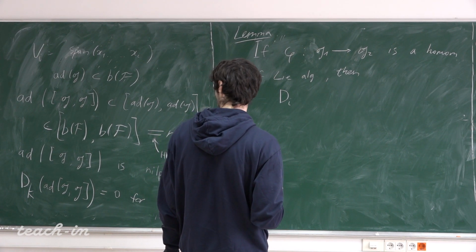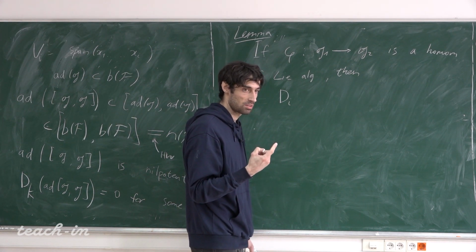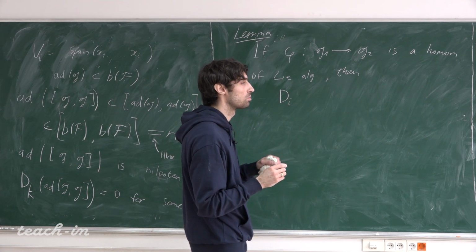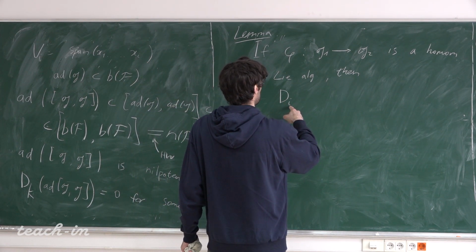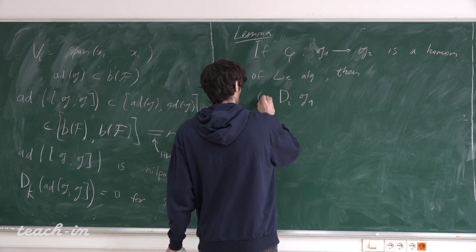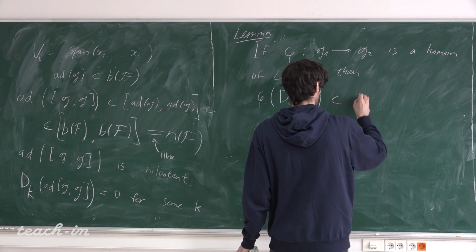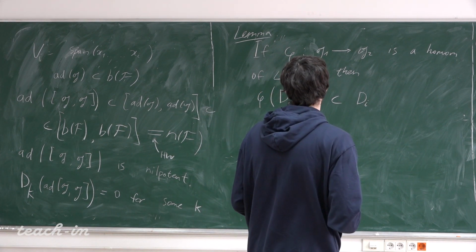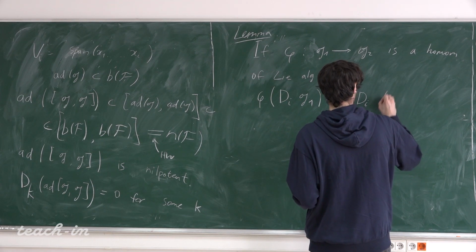I think it will be true in both cases, but you should prove that separately for both cases. So D^i of g1 is inside D^i of phi of g.